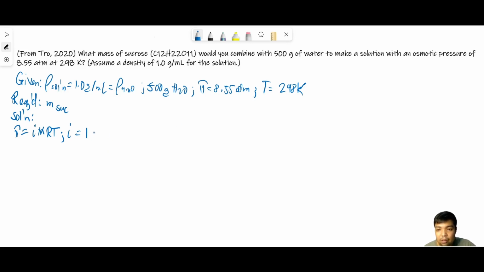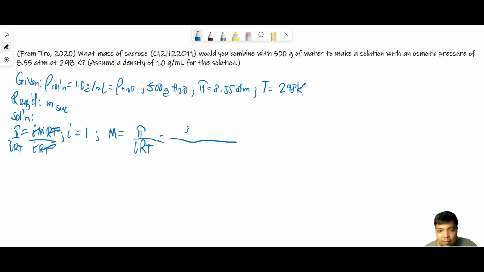Next, we rearrange this equation so that only the molar concentration, which is M, will be on one side of the equation. So we divide both sides of the equation by iRT. So this will be cancelled out on the right side. Therefore, M is equal to pi over iRT. Next, we substitute our values.